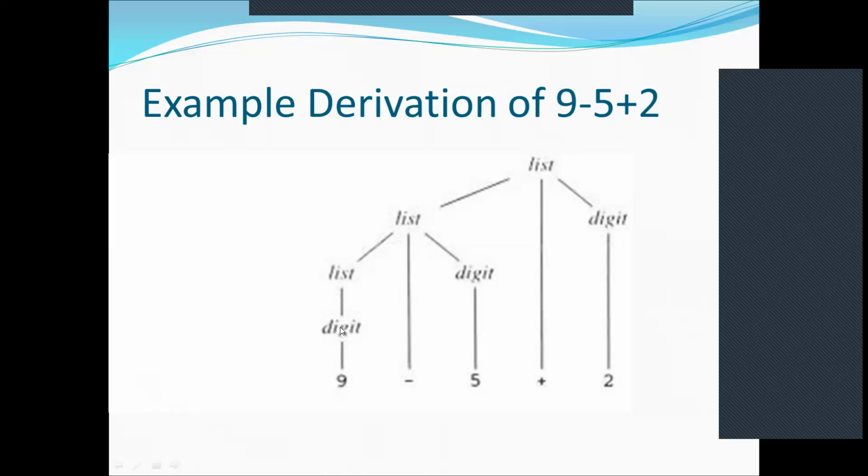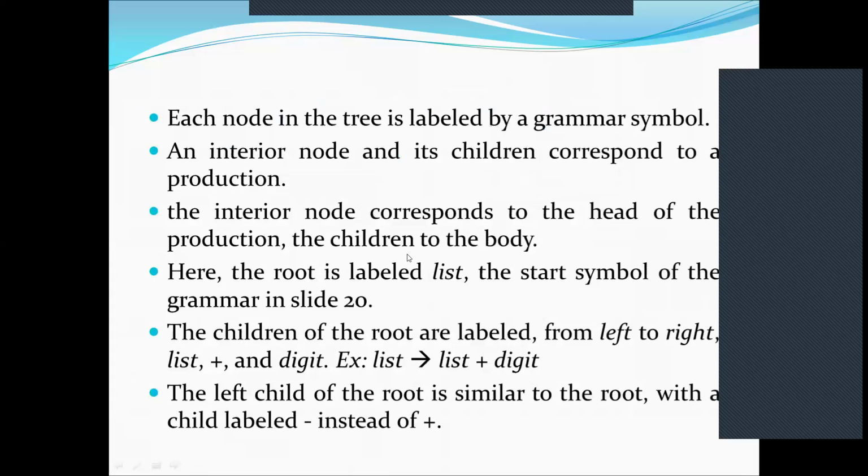Similarly, list can have the value of digit is a production. Similarly, digit can have the form of 9. This is also a production. So these are the different productions framed here. Now the interior node corresponds to the head of the production. As I said, the left side is the head, and the children are the body, because children remain on the right side, so they become the body of the production.